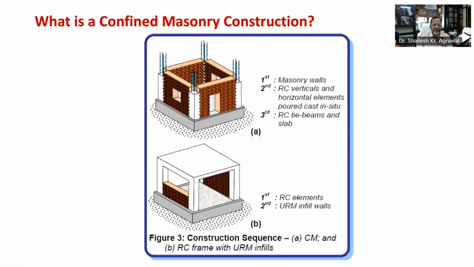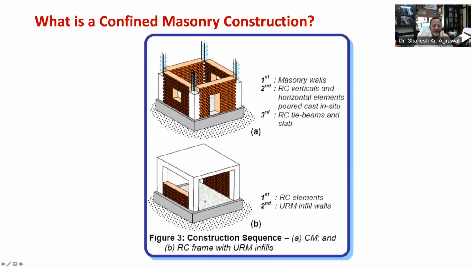The construction sequence is distinctly different for the two construction types, that is, confined masonry house and moment resisting frames with masonry infills. As you can see in figure 3a, in confined masonry construction, masonry walls are built simultaneously with reinforcement in vertical and horizontal RCC confining elements, and then concrete is poured in these elements at the end.